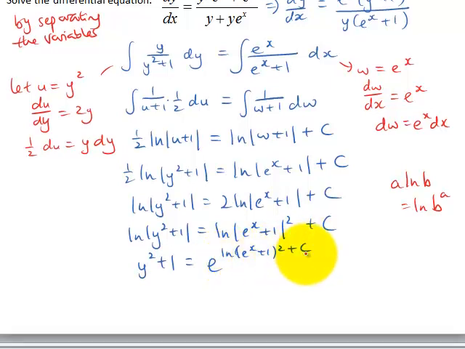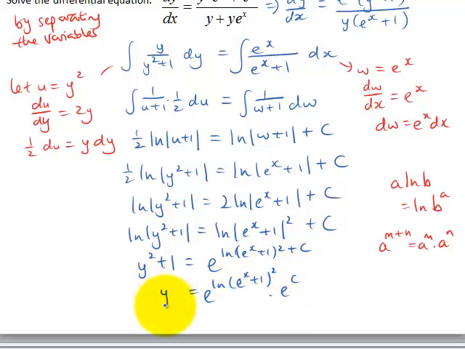So I will split this up by using a to the power of m plus n to be a product. a to the power of m plus n can be written as a product. So on this side, I have y squared plus 1. I'm going to bring the plus 1 over already.